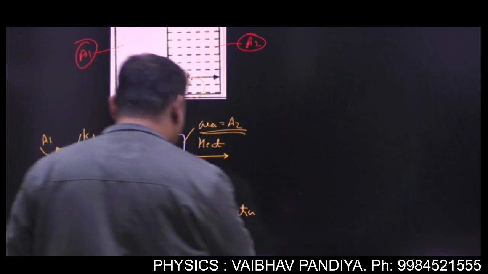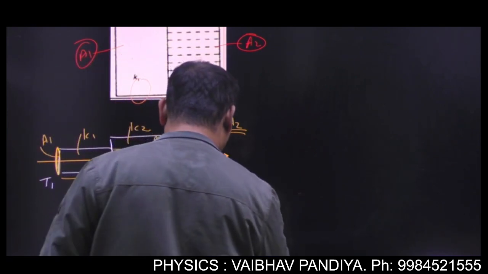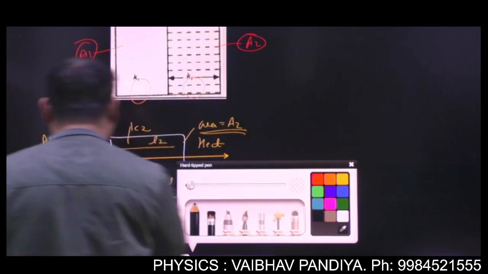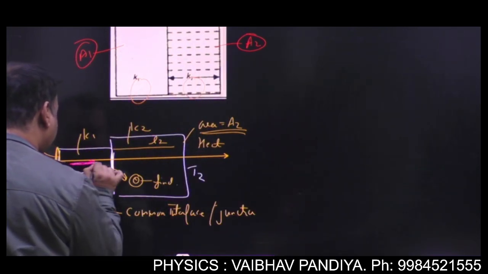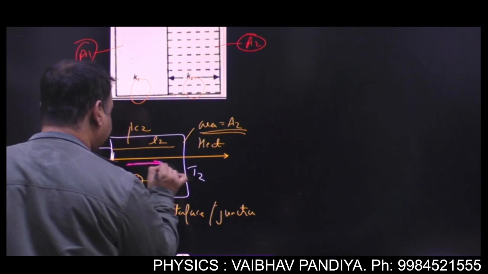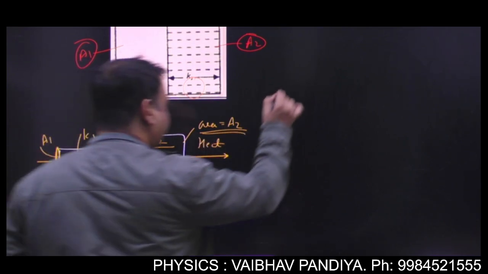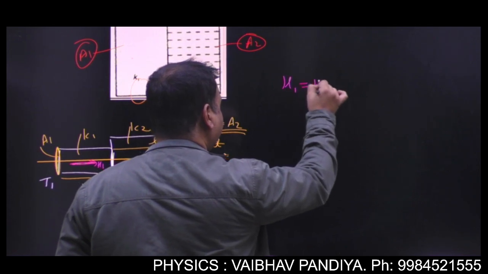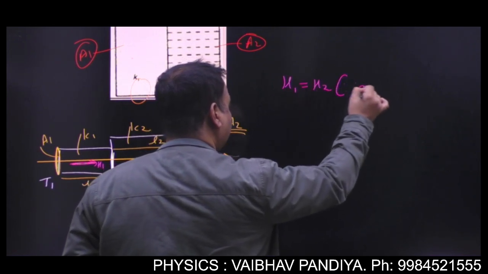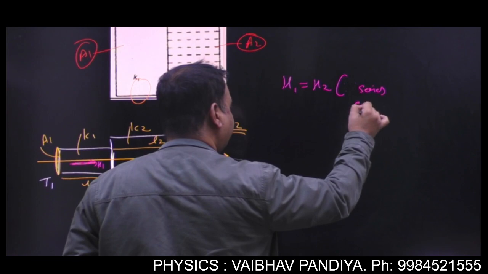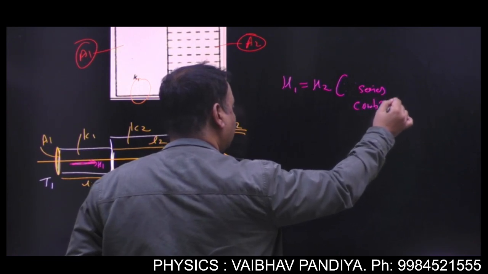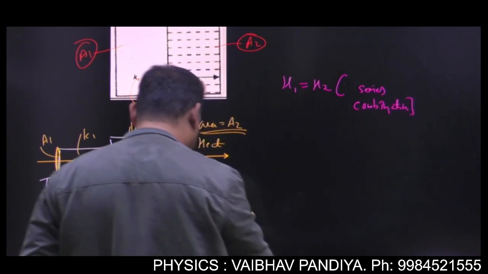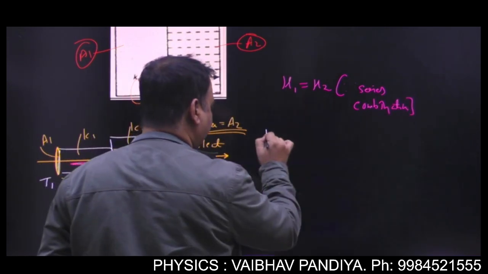Yes. So if they are forming the series combination, the thermal current will be the same. So if here the thermal current is H1 and in this slab the thermal current is H2, surely you can say H1 is equal to H2. Why? Series combination, correct? Now what will be H1?